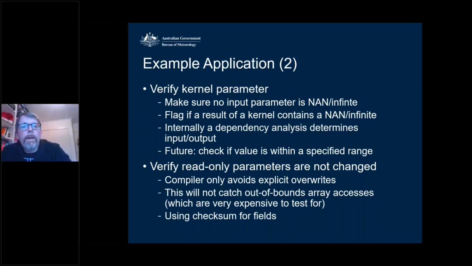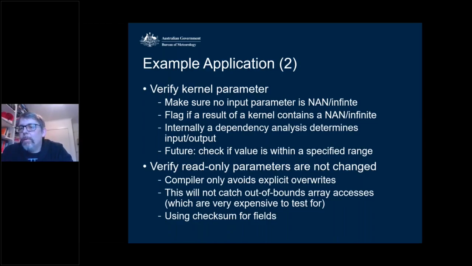The second related application would be to verify that read-only parameters are not changed. Now, initially, that sounds a bit ridiculous, because obviously the compiler will make sure that I don't override a read-only parameter, a parameter that's declared as intent in. Now, that's true, but what the compiler cannot catch is an out-of-bounds memory access to an array, which happens to accidentally override a read-only array somewhere.